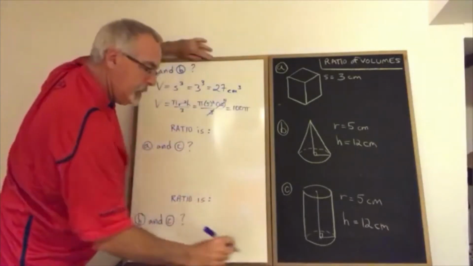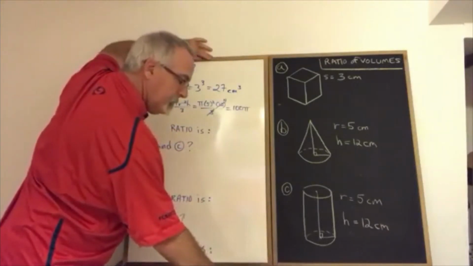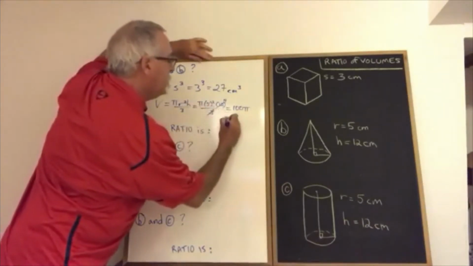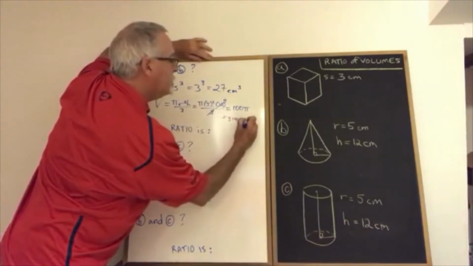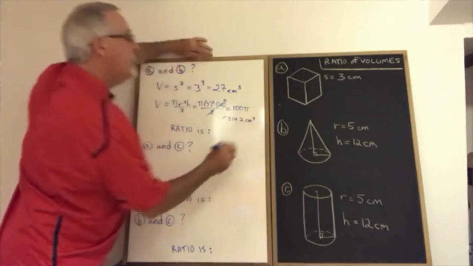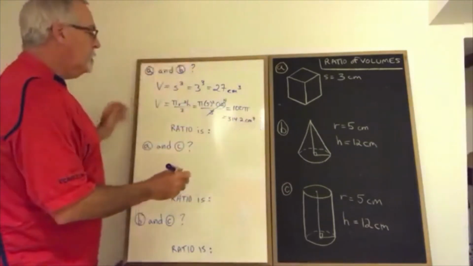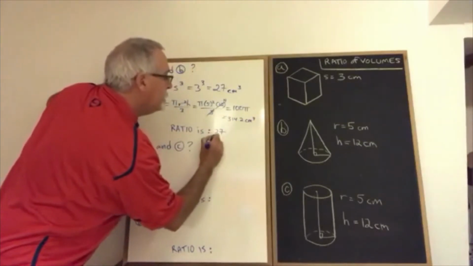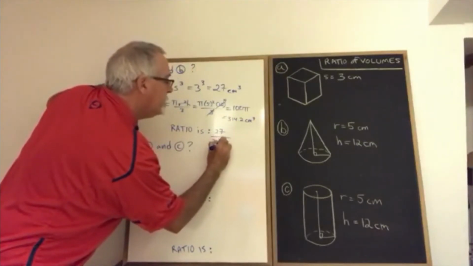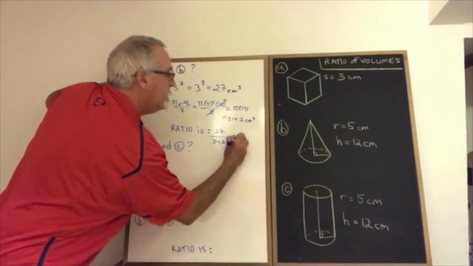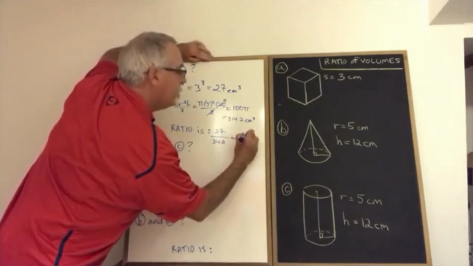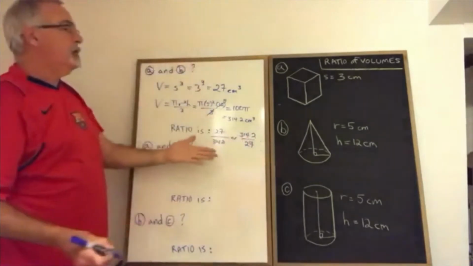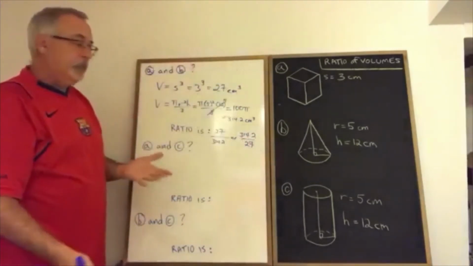And then using my calculator, I find that 100 pi is equal to 314.2 centimeters cubed, of course. So the ratio is 27 to 314.2, or if you prefer, 314.2 to 27. Both of these are ratios between the volumes of A and B.